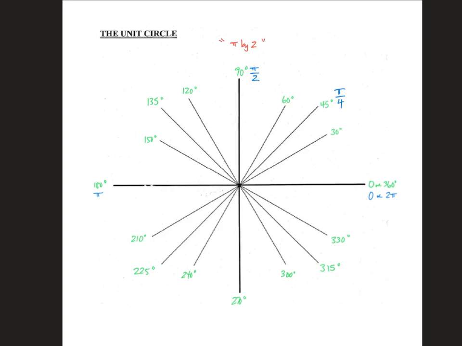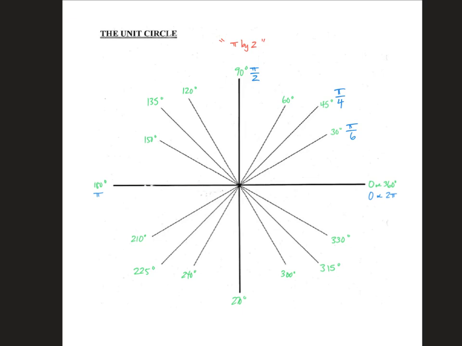We've got a number of different ways that we could arrive at it, but let's go for our 30-degree angle first. I would hope that when we compare 30 degrees back to 180 degrees, we notice that to get 30 out of 180, we have to divide by 6. And so I need to take my pi radians and divide it by 6, so I get a pi by 6.